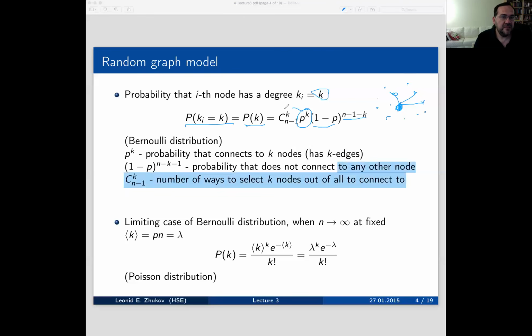That is given by C(n-1, k). It is n minus 1 because one node is this node itself, so we're left with n minus 1 to choose from. Make sense? So this is the classical Bernoulli distribution, the probability that a randomly selected node from the random network has degree k.